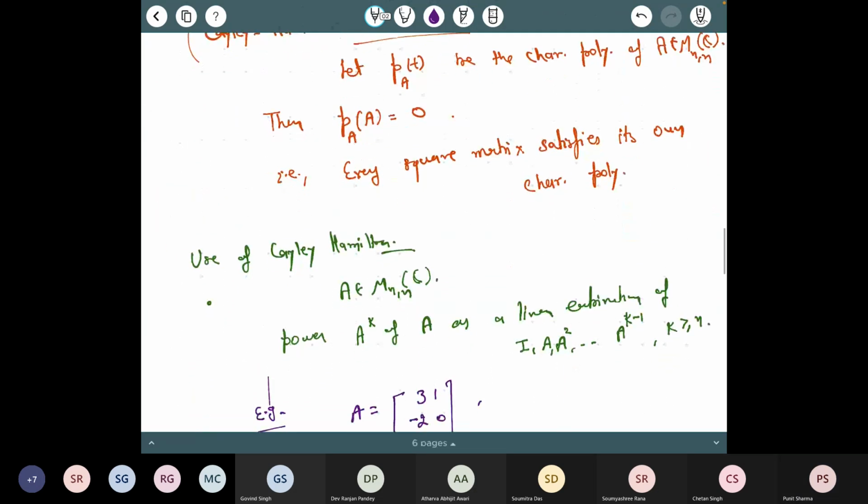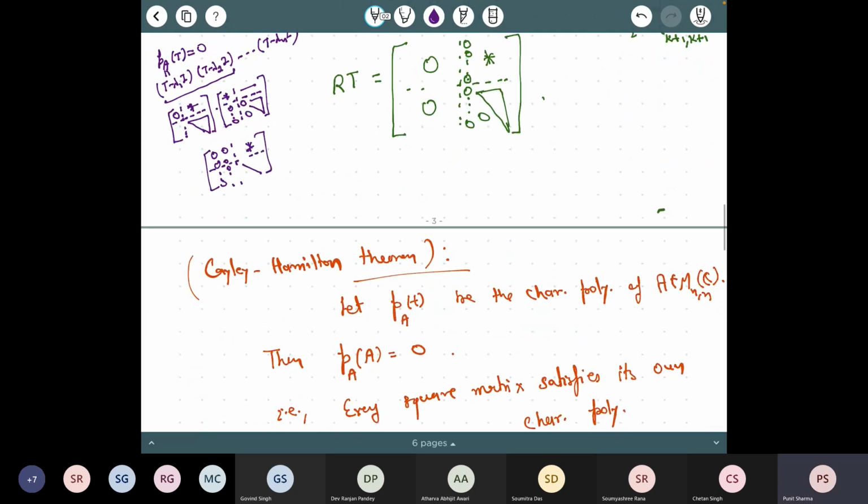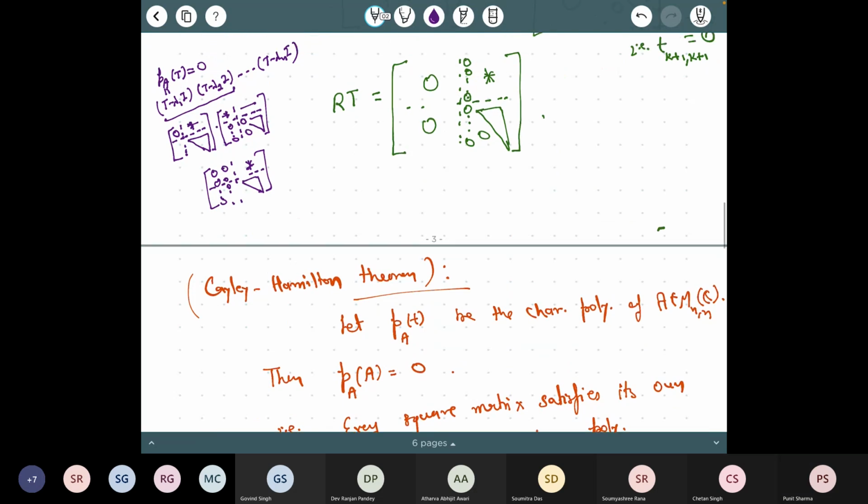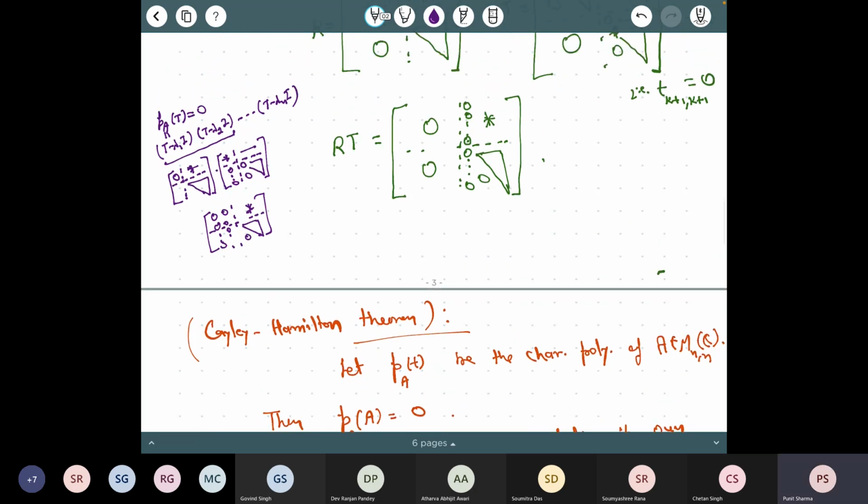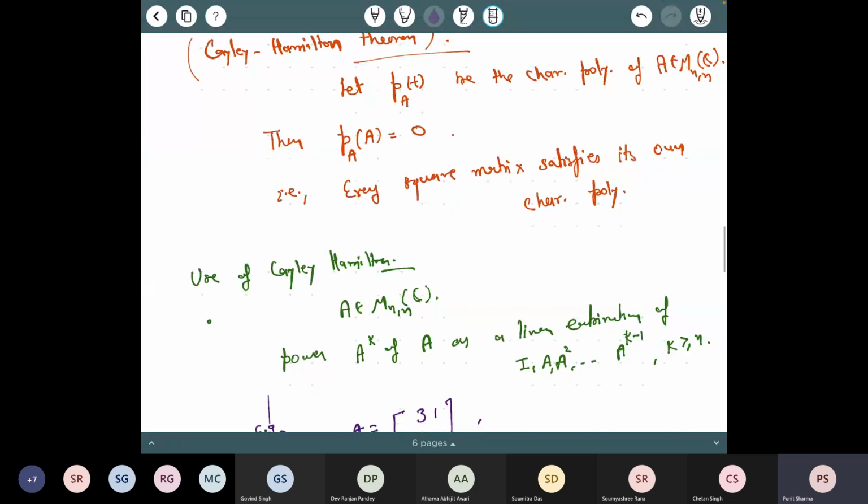Now if I multiply with T minus lambda 3I, the same way, it would again be in this form of R and T, and after the multiplication, the third column would also be 0. Similarly, when you multiply all these factors, you will get a 0 matrix. Therefore PA of T equal to 0, and this implies that PA of A equal to 0, and this proves the Cayley-Hamilton theorem.